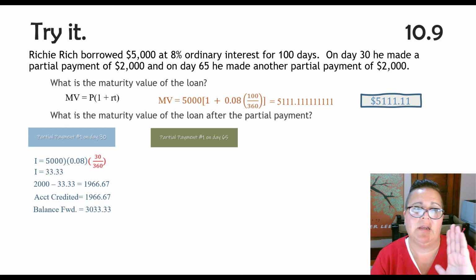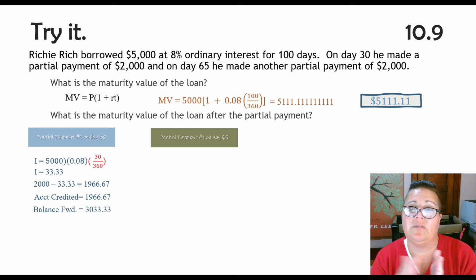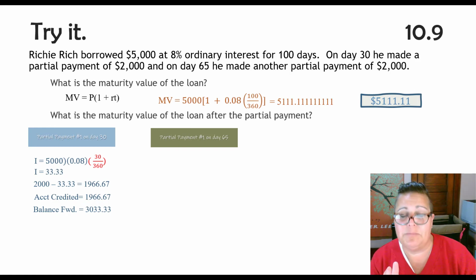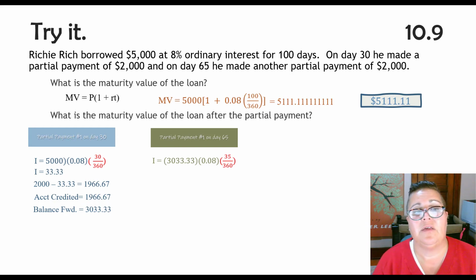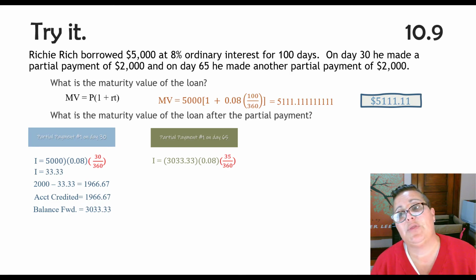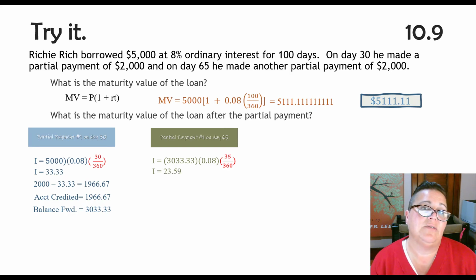That's a time period of 35 days. So we're going to accrue interest over those 35 days, but the base has been knocked down to just $3,033.33. So interest would be the $3,033.33 times 0.08 times 35 out of 360. This gives us interest of $23.59.